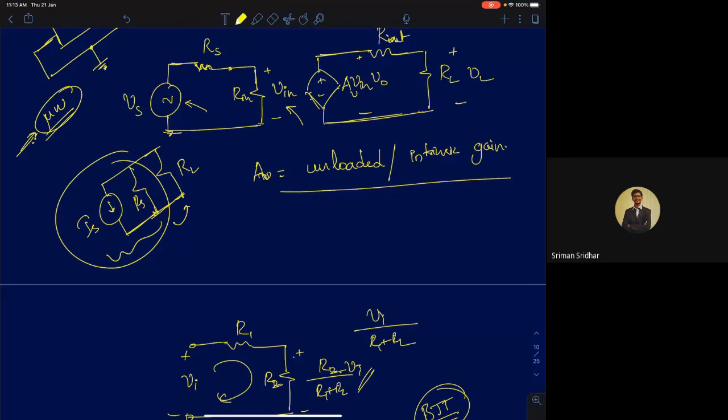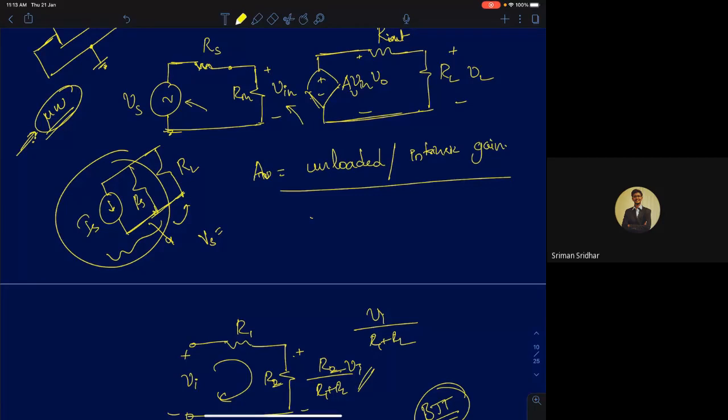What is the value of Vs if I use a Thevenin equivalent for this current source and resistor in parallel? It is ISRS. So the power will be (ISRS) whole squared by 4, and so on. RL equal to RS is when maximum power transfer happens.